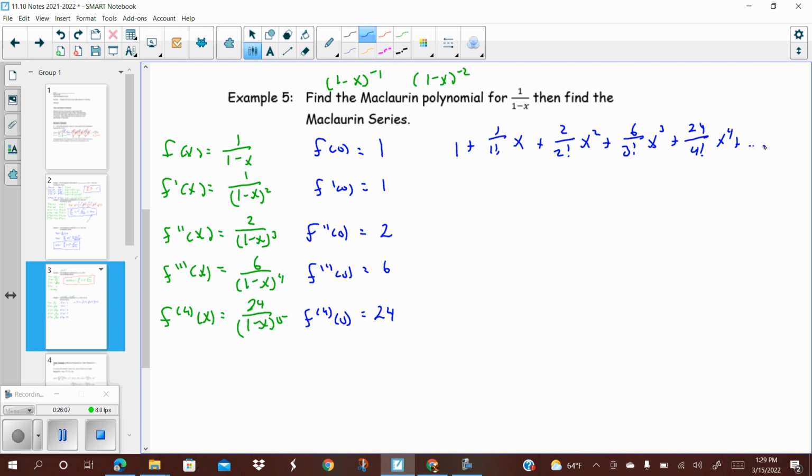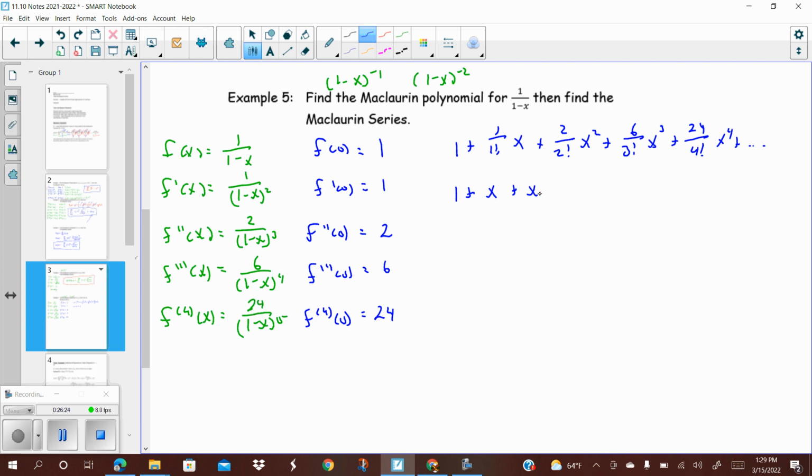I hope you know enough about your factorials at this point that you can start seeing what's happening here. 1 factorial is just 1. So that's going to give me 1 plus 1x, or 1 plus x. 2 factorial is 2 times 1, which is 2. So that's 2 over 2, which once again is 1.